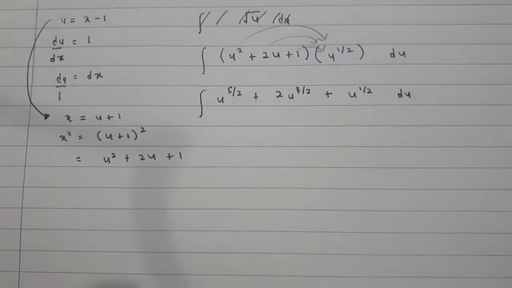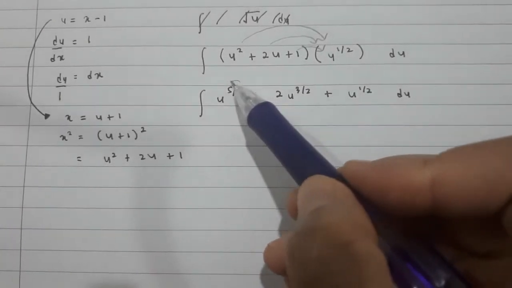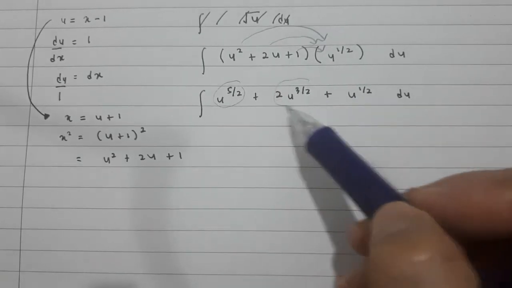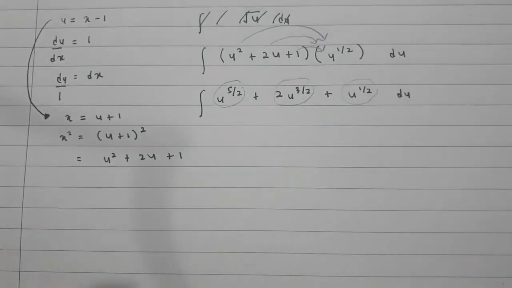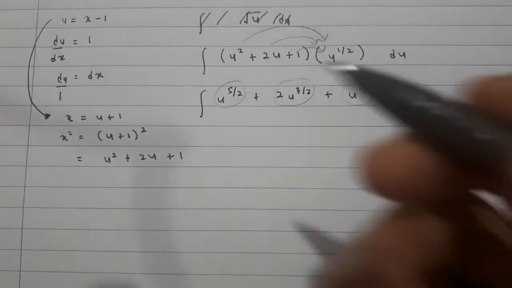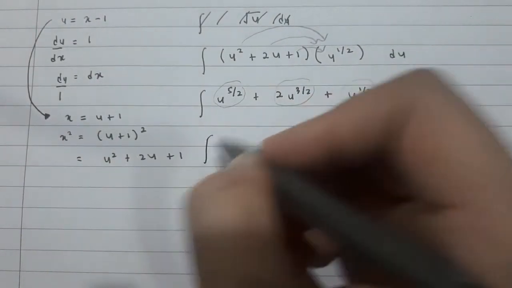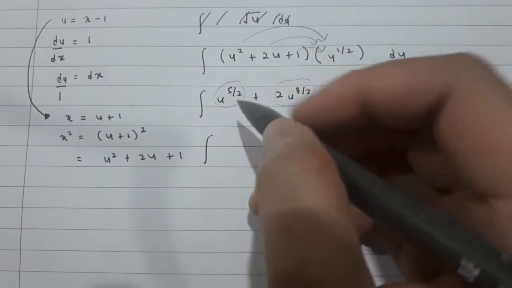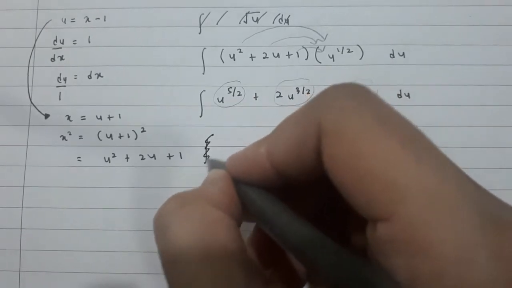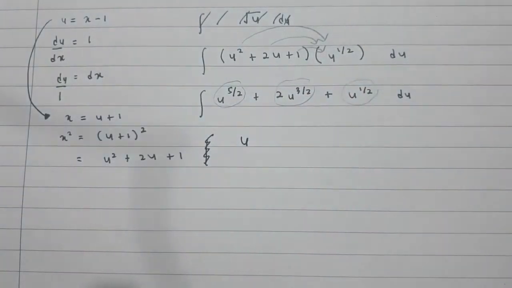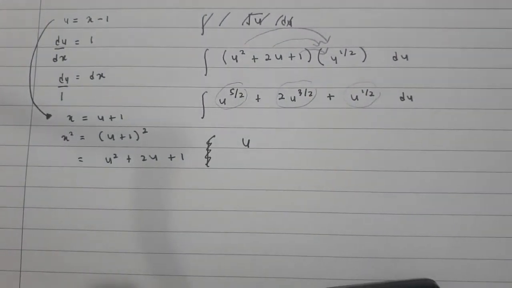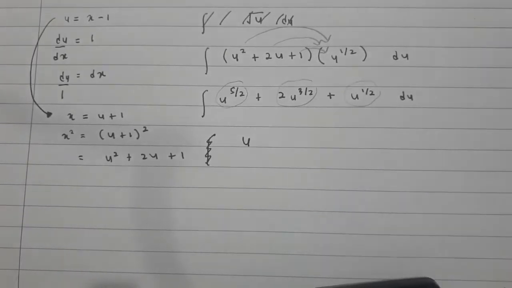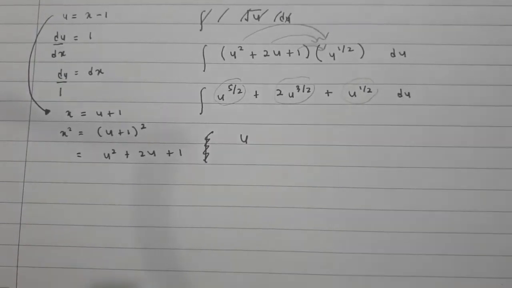Here we can see that all the terms are separated. We have first term, second term, and third term. So we can integrate one by one. Okay, let's start with integration of u power 5 over 2. 5 over 2 plus 1 equals 7 over 2.